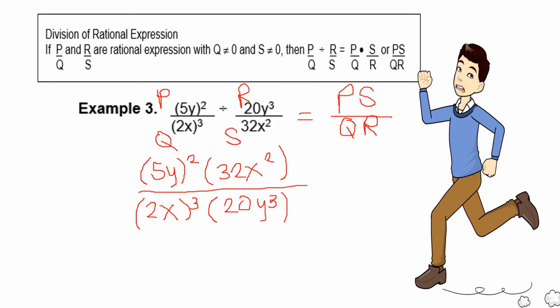So dito, distribute muna natin yung mga power na nasa labas ng open and close parenthesis. So 5y squared, yung squared natin yung 5y, magiging 5y times 5y. That is 25y squared.